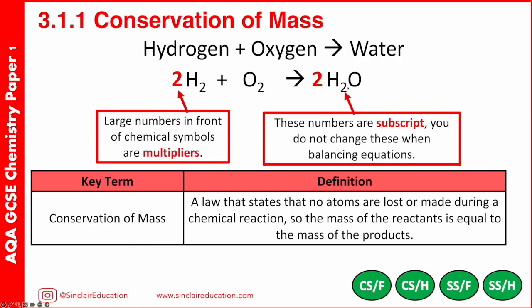Now the smaller numbers are subscript. When we balance equations, we cannot change those because it would change the actual substance that we had in the reaction. When we balance equations, all we can do is add multiplier numbers in front of our molecules. The subscripts have to remain as they are.